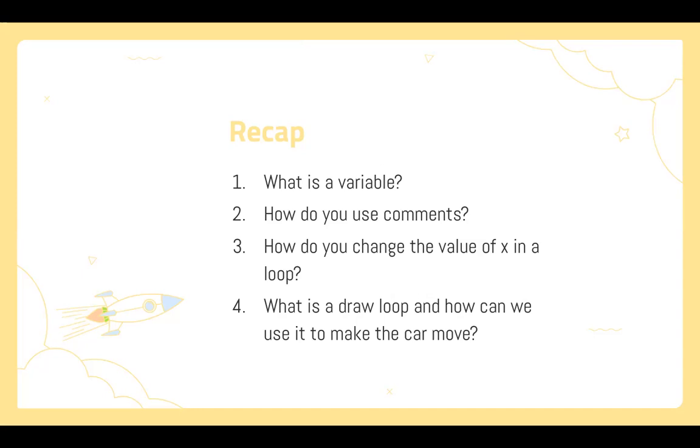We use a variable like mover, if you remember our car project, and we constantly update the x coordinates of each of the components of the car. This gives the illusion that the car is moving across the screen, when in theory we're just drawing it over and over again. So that's how we use the draw loop to make the car move. This would have been very tough, by the way, if we did not have the draw loop.